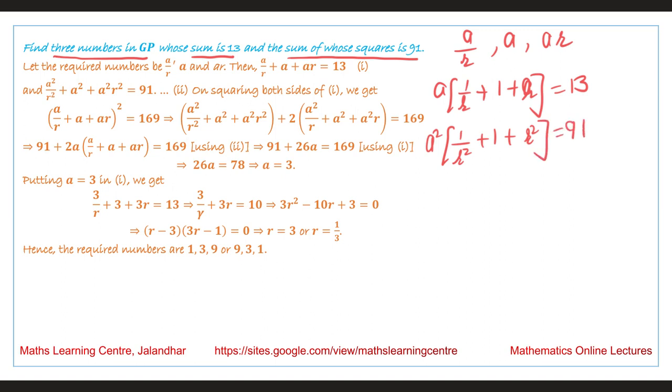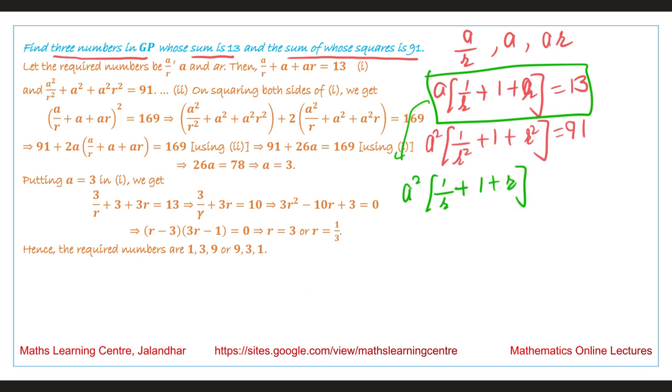91. Now if we square this first equation, we will obtain a square into 1 by r plus 1 plus r whole square, that is equal to 169.